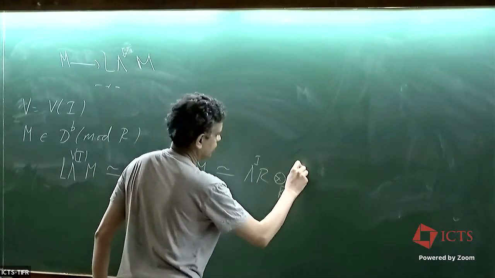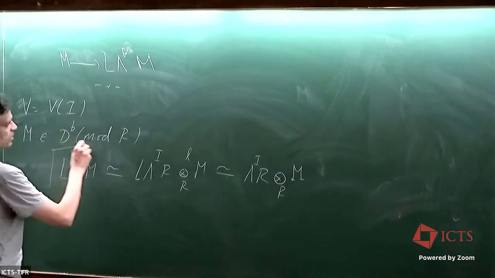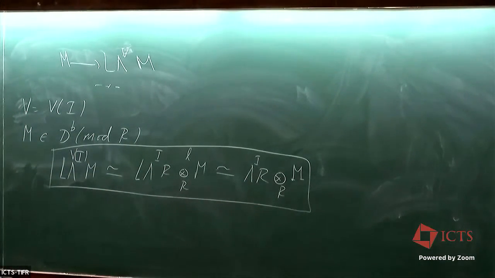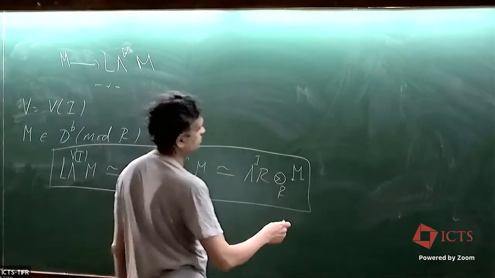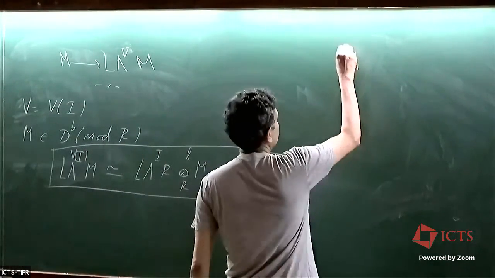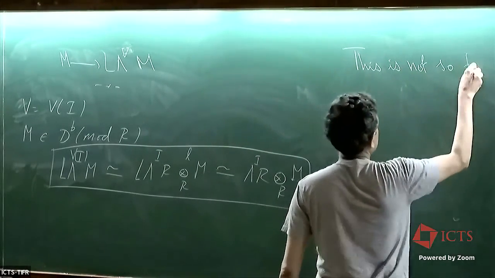So I can even drop the derived and you get this. So if you're working in the bounded derived category, then the derived completion is just the usual completion of M. But this is certainly not the case for general M.